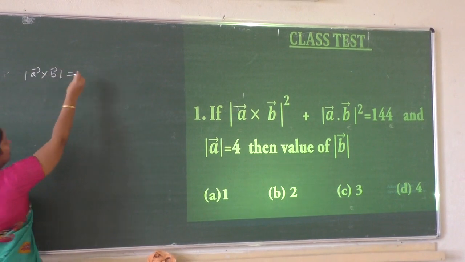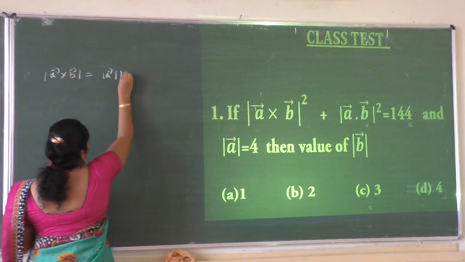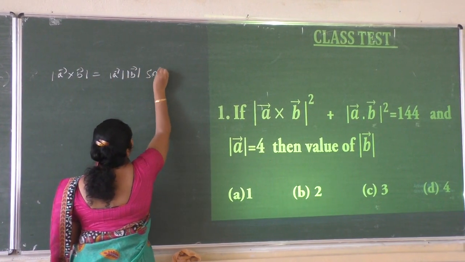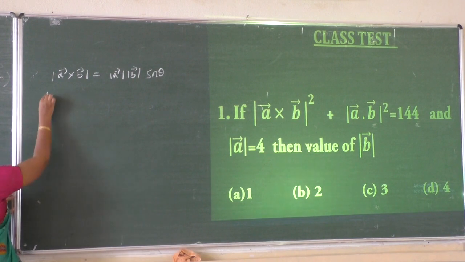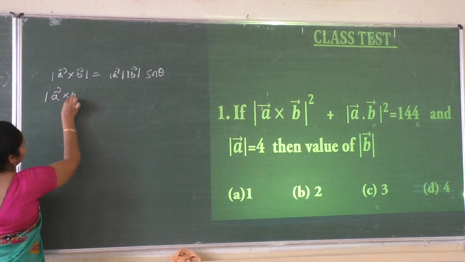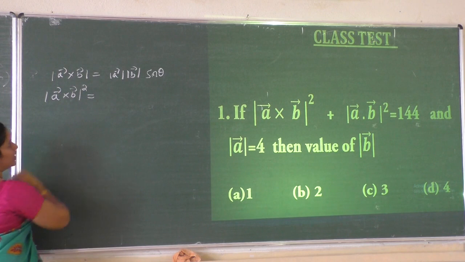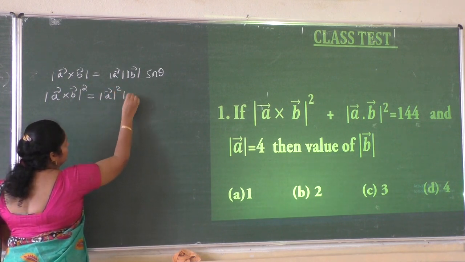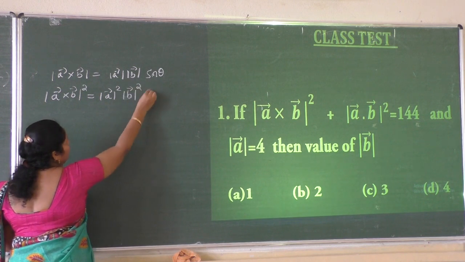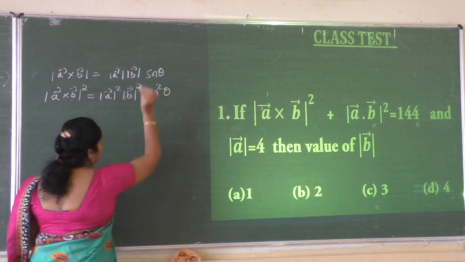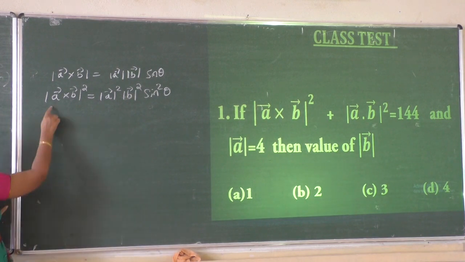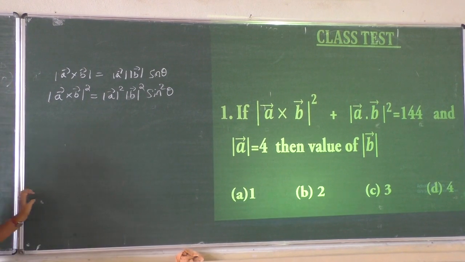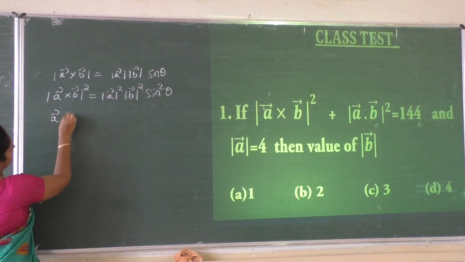So you remember this formula: magnitude of vector A cross vector B is magnitude of A, magnitude of B, sine theta, and also I can write its square will be magnitude of vector A square, magnitude of vector B square, sine square theta. Now vector A dot vector B square I need. So what is vector A dot vector B?